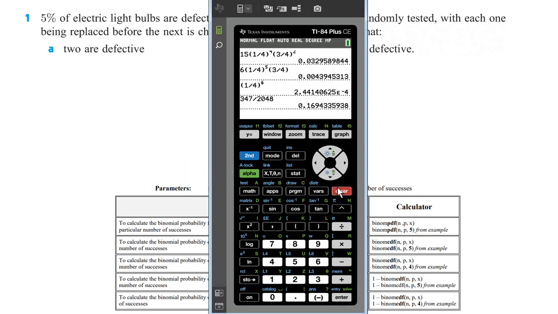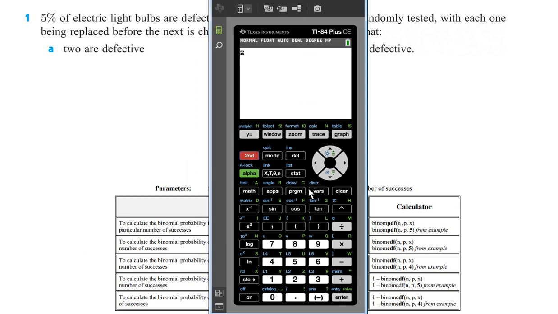So to get into that, you do second variables because these are distributions. Okay, and we go down until we get, I think, to like A. There we go. So we want binom PDF.